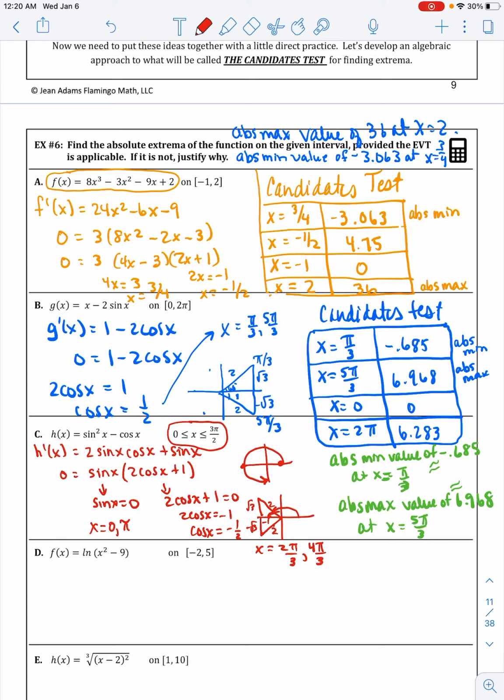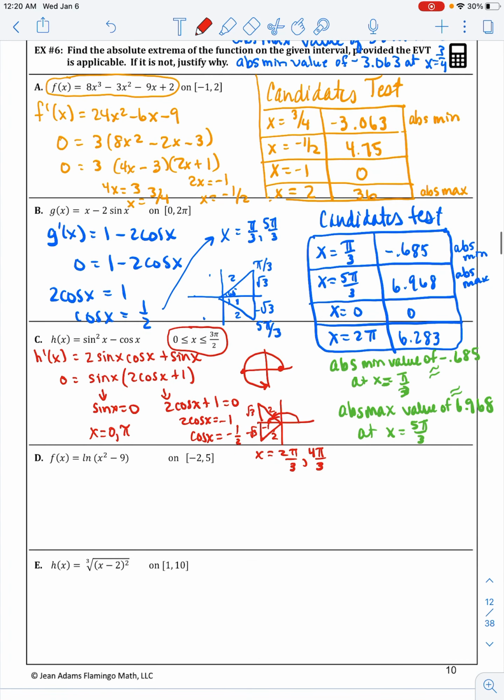So for this one, I'm really running out of space because my candidates test is down here in D. So x equals 0 is my endpoint and it's my critical number. So that one's fine.